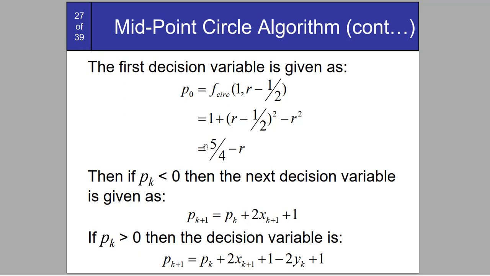If p0 is less than 0, then we will use p1 as this. If it is greater than 0, then we will use p1 using this equation. Okay, so that will give us p1, and then we will find p2, etc. And every time we will update the value of p1, p2, etc. using the less than 0 or greater than 0 condition.